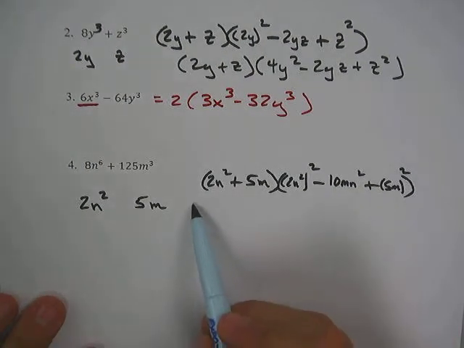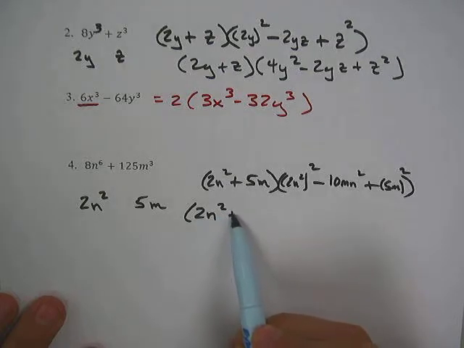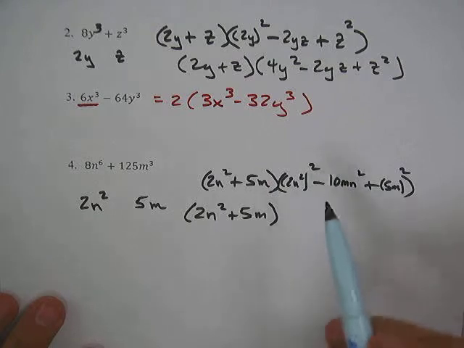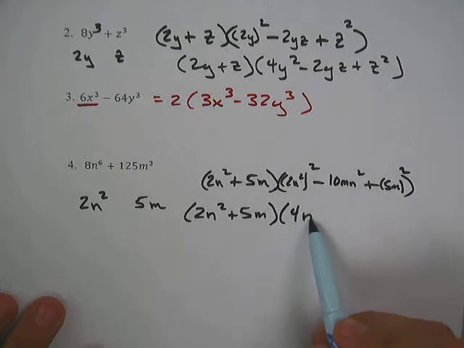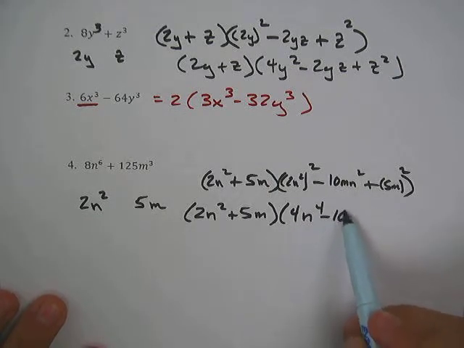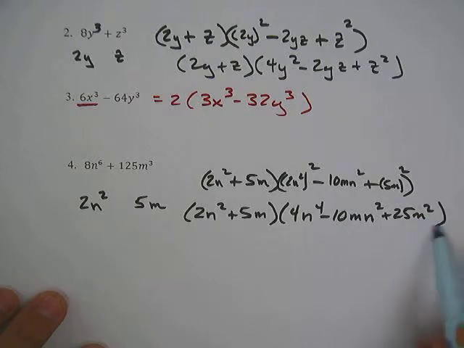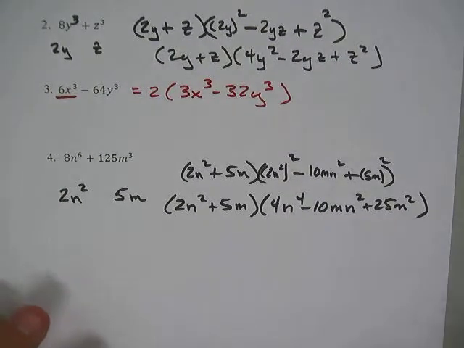And in the middle are these two together, so it'll be 10mn squared. So let's clean it up a little bit. So I get 2n squared plus 5m. So this 2n squared squared is going to be 4n to the 4th minus 10mn squared. And this 5m squared will be 25m squared. And there you go. That is the sum and difference of two cubes.